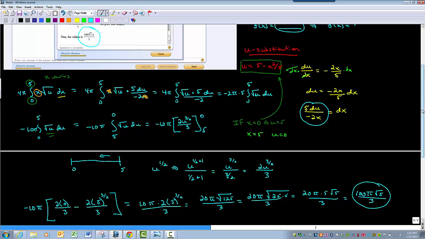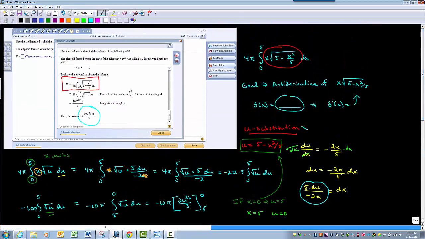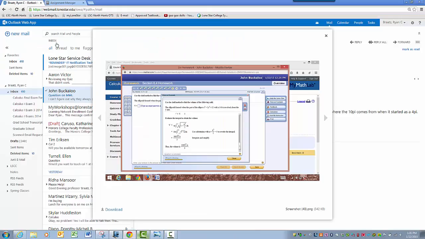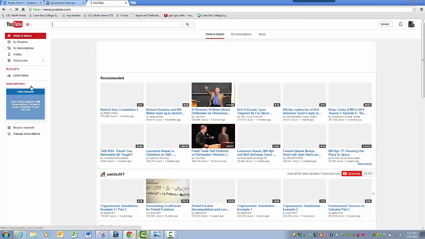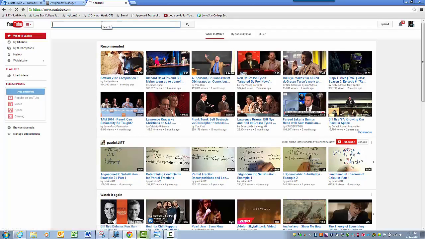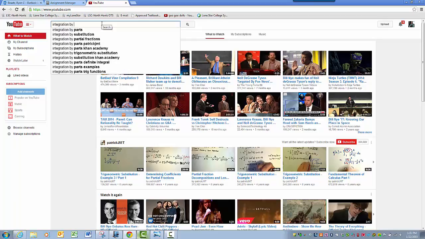But the important thing here is this right here, doing your u substitution. Okay, so if you haven't done u substitution before, or if you only kind of remember it from Cal 1, you need to go back and watch some videos. So what I would do is just go to YouTube and type in integration by substitution.